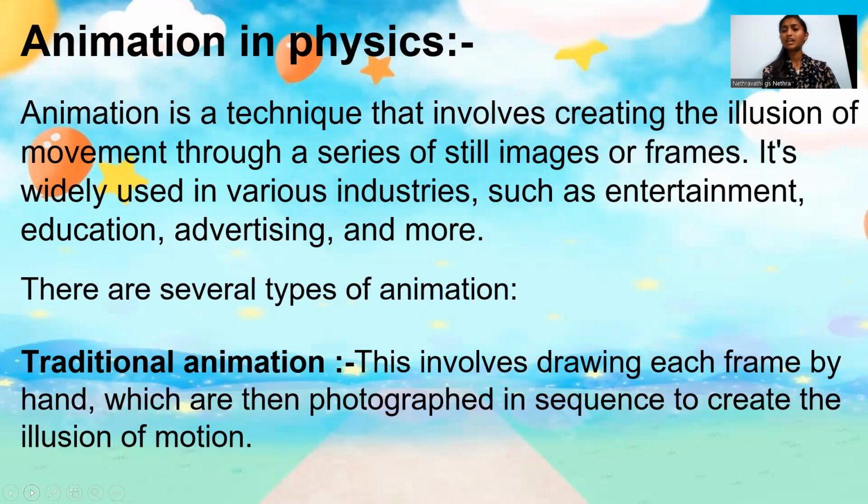First they take one plain slide, then they draw diagrams or pictures of what they want by hand, and then they place it in each slide and make one complete video and play that. They don't make use of Google pictures or other sources of pictures. They just make it by hand and then create an animation. That way is called traditional animation.